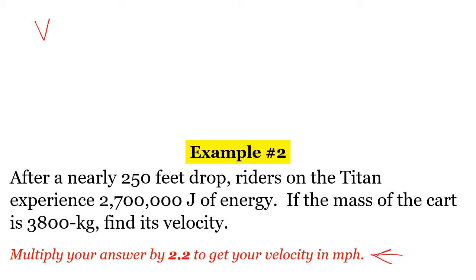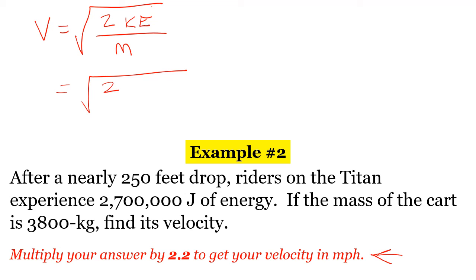So our formula to find velocity is the square root of 2 times the kinetic energy over the mass. So let's start to plug in what we've got. The square root of 2 times the kinetic energy, which is 2,700,000, and this is going to be over the mass, which we're told is 3,800 kilograms.